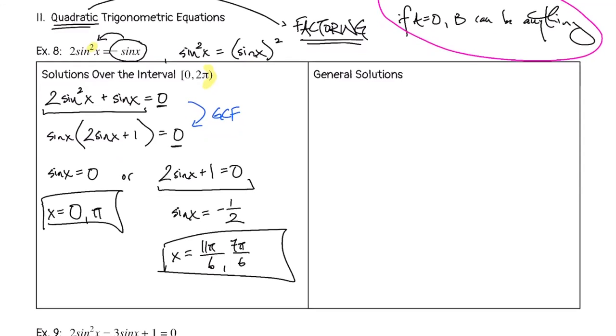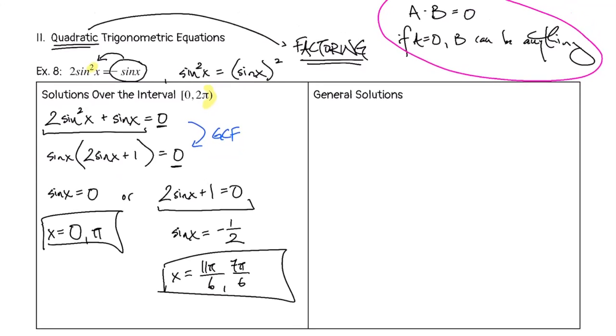Now, before we write our general solutions, let's draw a picture because I don't want to write more general solutions than I have to. So if any of these angles are exactly halfway around that unit circle, I can actually collapse those two solutions and write them as one, okay? But if they're not exactly halfway around, then I have to write them as separate solutions, okay? So let's draw all our solutions on a unit circle so we can get that visual.